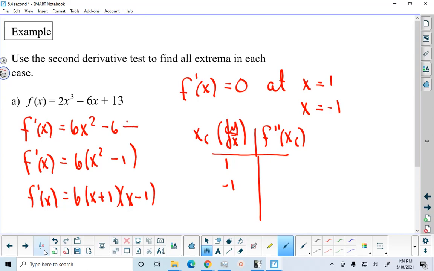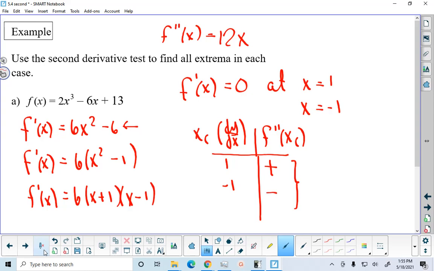Well, if this is the first derivative, the second derivative is 12x, which is pretty simple. And here's the important point. I don't care here what the second derivative equals. All I care is whether it's positive or negative.